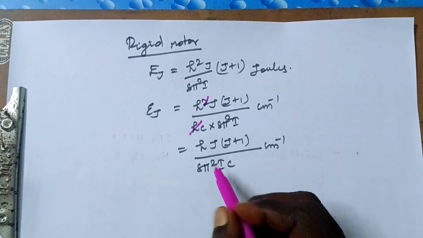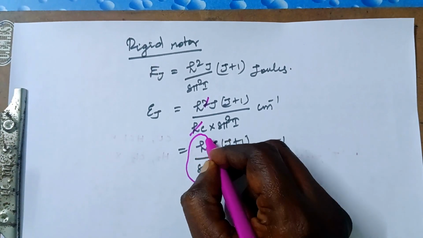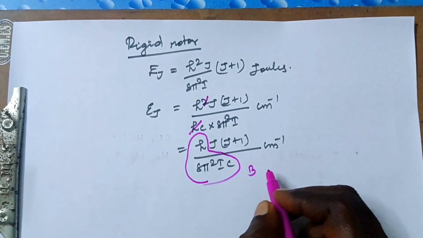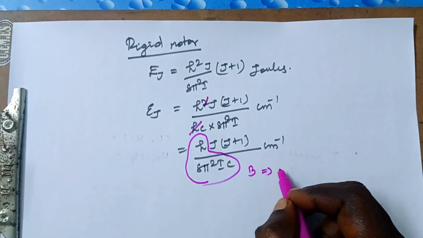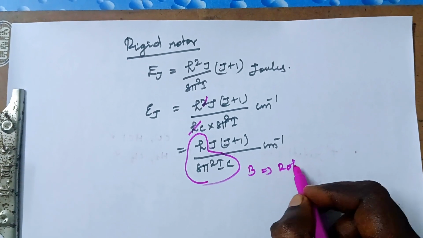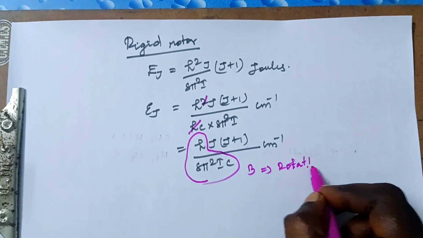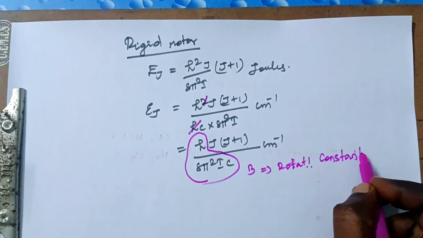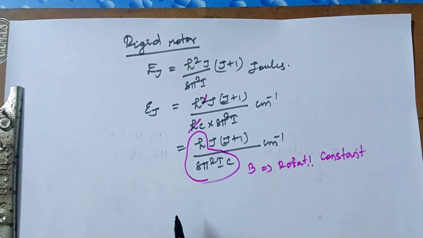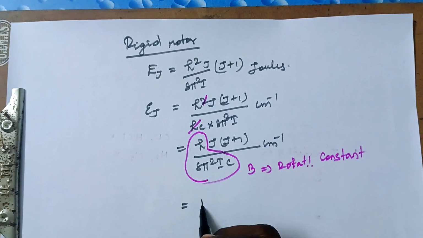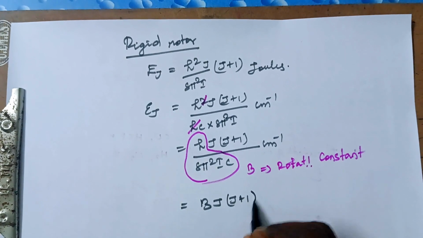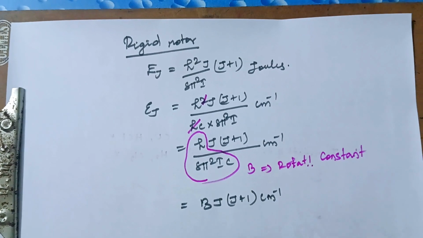So let us take this entire thing as B. B means the rotational constant. So B into J into J plus 1 per centimeter.